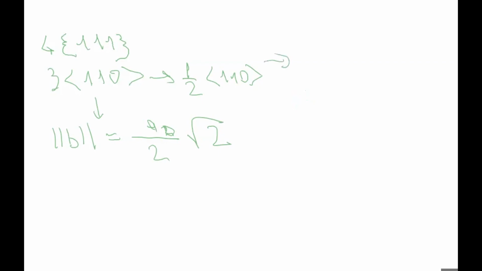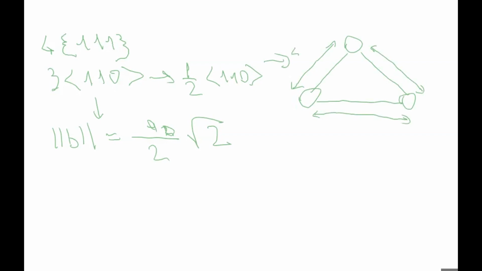If we know this, we can conclude the geometry. We have an atom here. The plane is the {111} plane, and the directions are all <110>. These are all <110> directions. So we have three <110> directions.